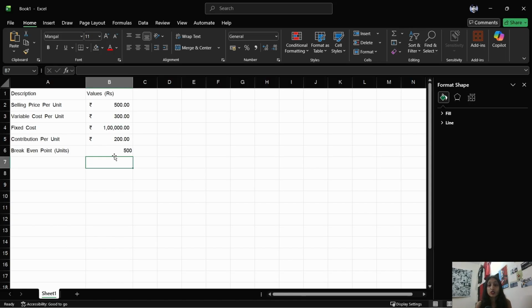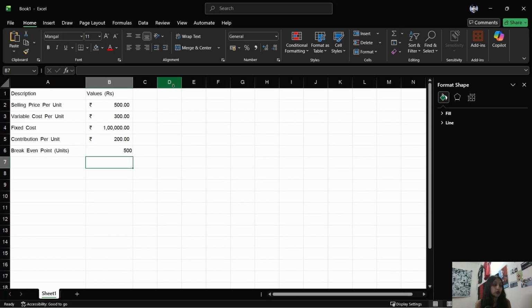This divides fixed cost by contribution per unit. This means the company must sell at least 500 units to cover all its cost. Selling below that results in a loss. Selling above that gives profit.